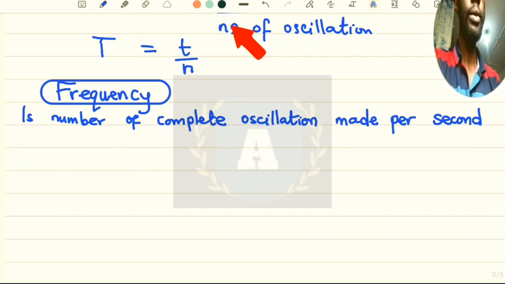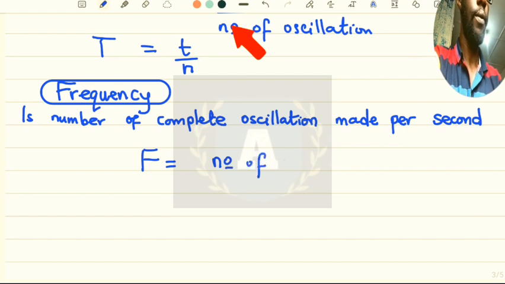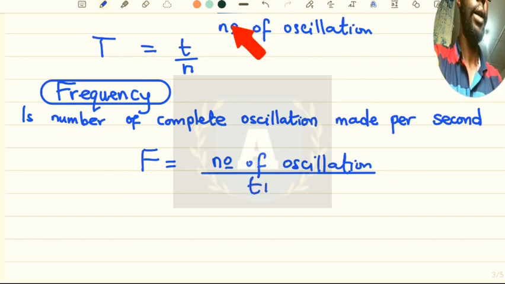So as a result, we have that frequency f is equal to the number of oscillations, or number of complete cycles, divided by the time taken.